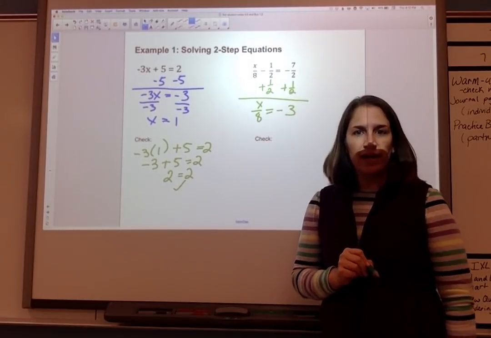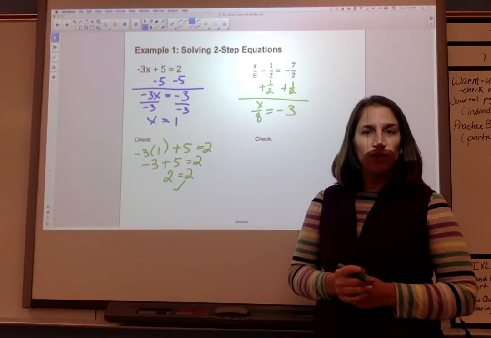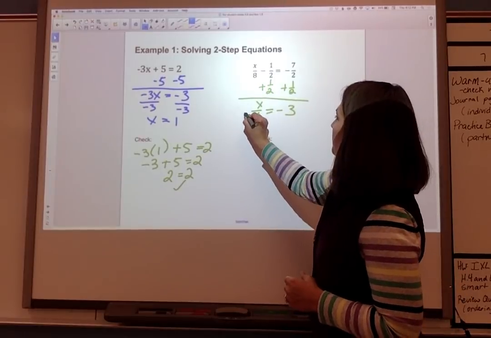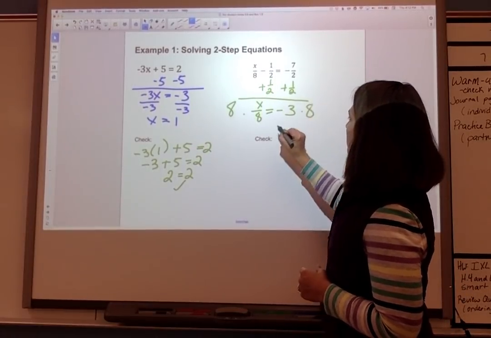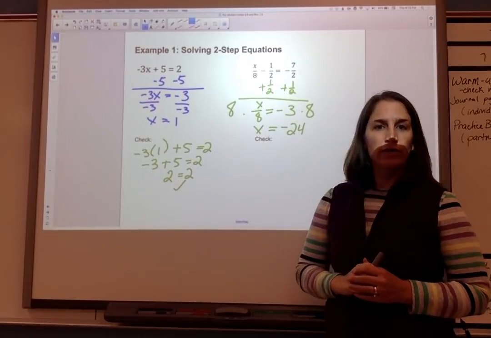So x over 8 equals negative 3. Now we're down to a one-step equation that we're going to solve by multiplying both sides by 8. And we get x equals negative 24.